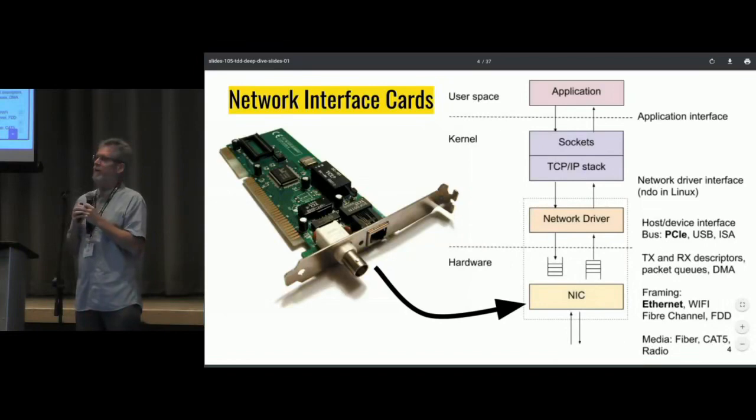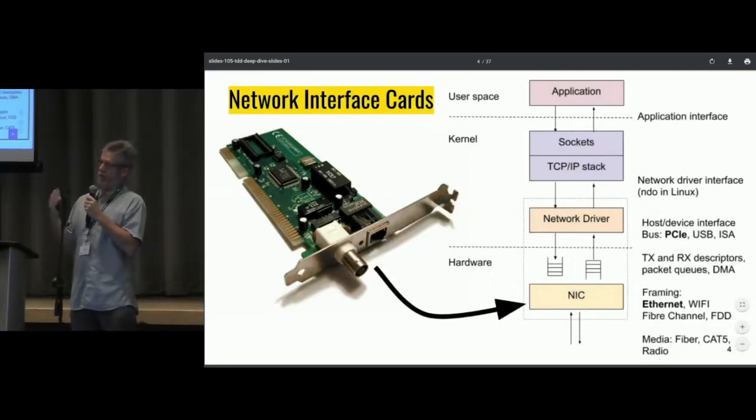So a NIC is the receiver and transmitter of packets to the network, to the physical network. It's the device that does that. And on the right, we have a stack, and you can see that in the protocol stack, the NIC is kind of at the bottom. And on one side, to the outside world, it connects to the physical media. That could be fiber, Cat5, radio.